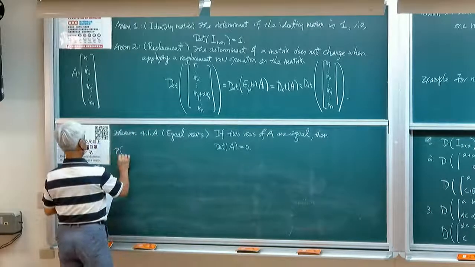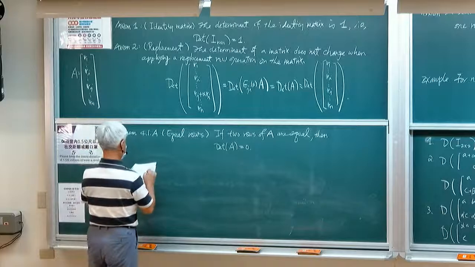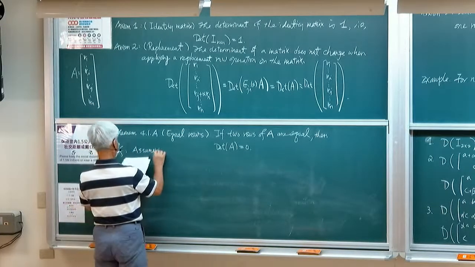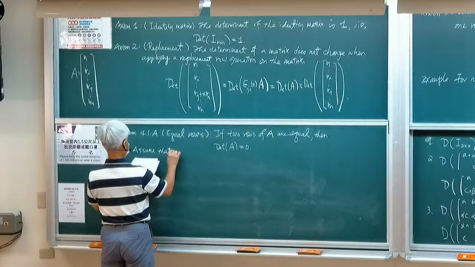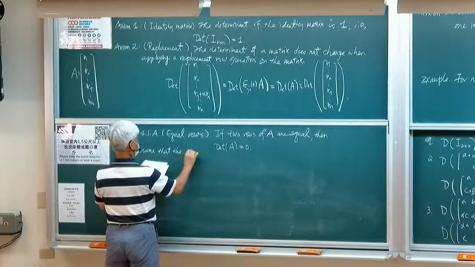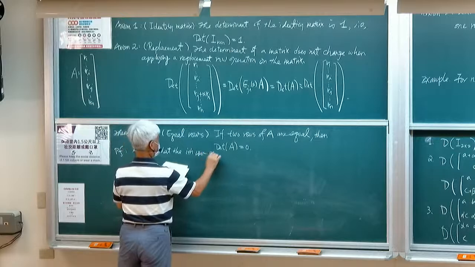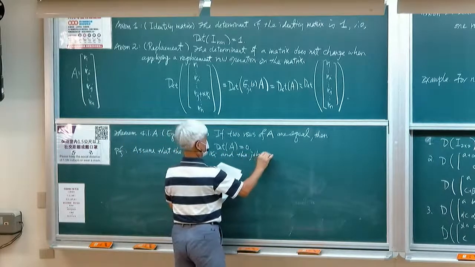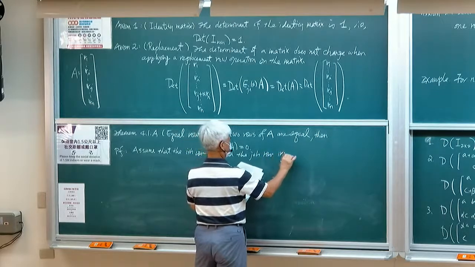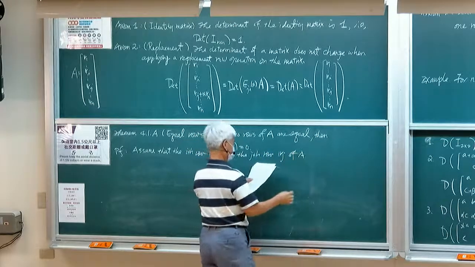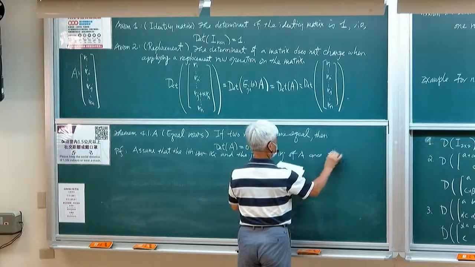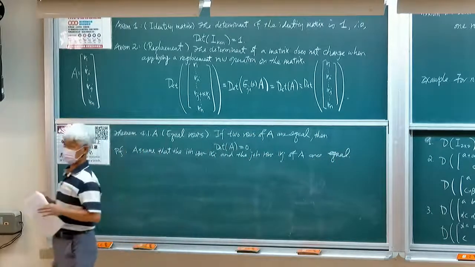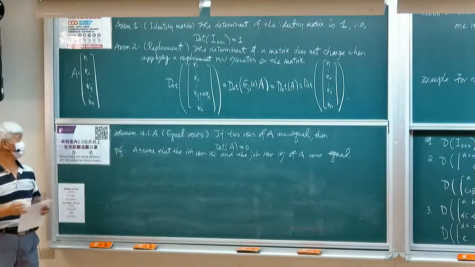The proof is simple. Assume that the i-th row and the j-th row of A are equal. Right? So we have this assumption.